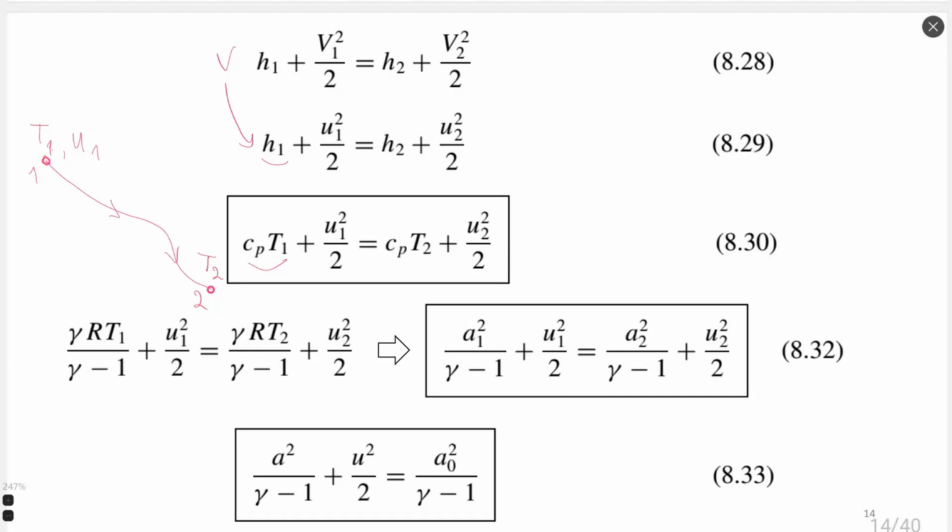When I apply all my data inside the energy equation, equation 30, I automatically can obtain the velocity at point 2 because it's the only unknown inside the equation. So this is already showing the power of the energy equation, or energy of the energy equation.